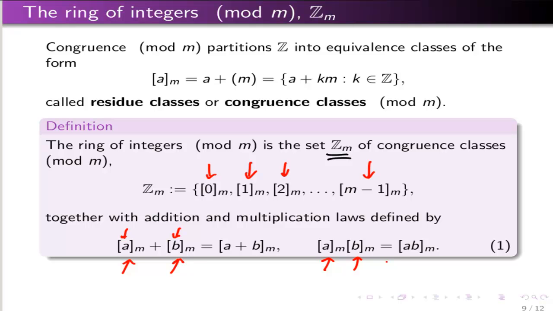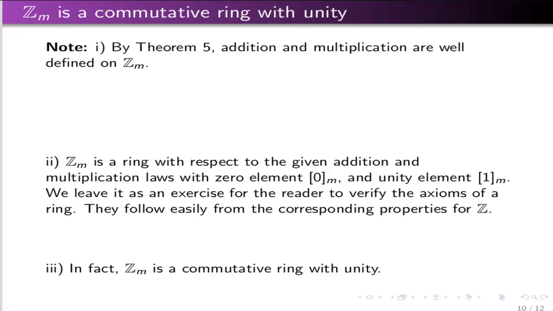After all, there's lots of different representatives for a given residue class. Okay, well, I claim by the substitution laws, that's theorem 5 here, substitution. Probably didn't have a number up in the previous slide, that addition and multiplication are indeed well defined.